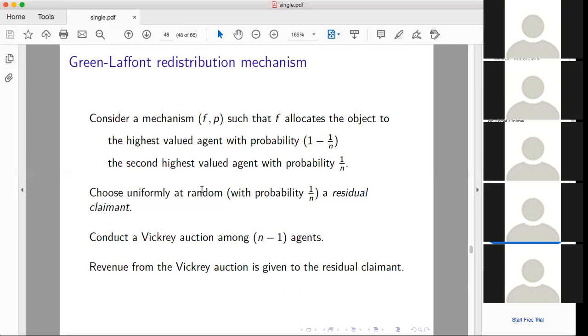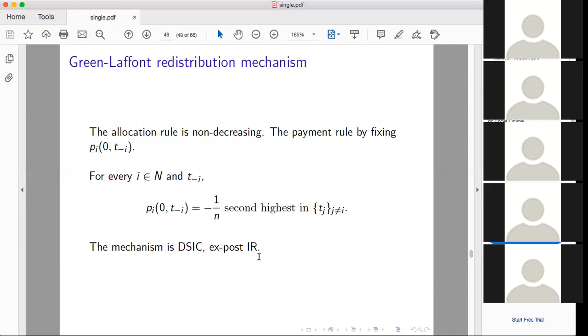Of course, this residual claimant interpretation also specifies the payments. When an agent is a residual claimant, he receives the second highest value amongst the other agents. When he is not the residual claimant, he pays an amount equal to the second highest value. So from that you can infer the payment.